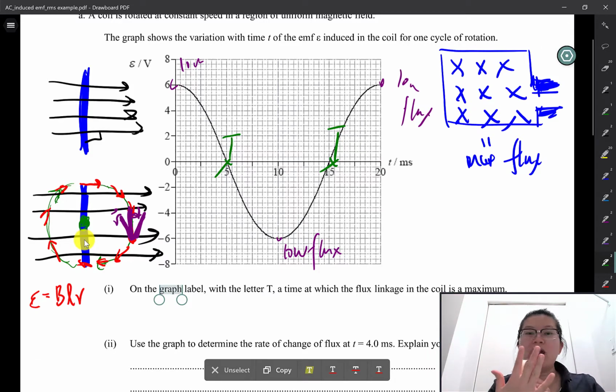That part won't do anything in terms of generating the EMF or in terms of providing length of the coil, because no matter how it's moving, the movement of the charges won't be in a way so that it moves along the coil. Okay, so that's something you work out.